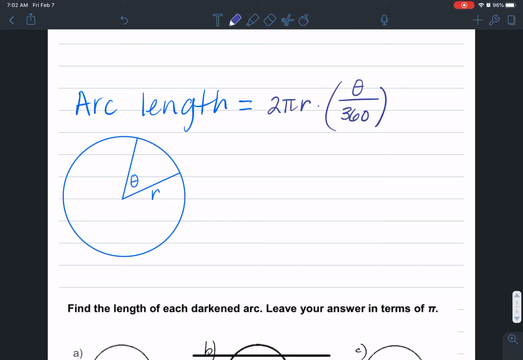Let me give you an example. Draw this picture, A, B, and we'll call this C. Let's say that theta, which remember is the angle, so just a variable, is 20 degrees. And I'm going to tell you that the radius is, we'll make it nice and simple, 10 meters.